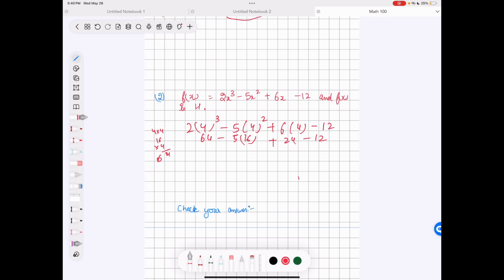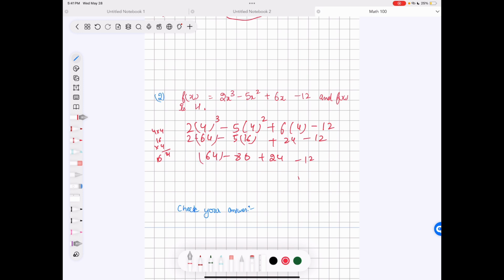So now 64. My 5 into 16 is 80. And then we get plus 24 minus 12. This is going to be 2 here.